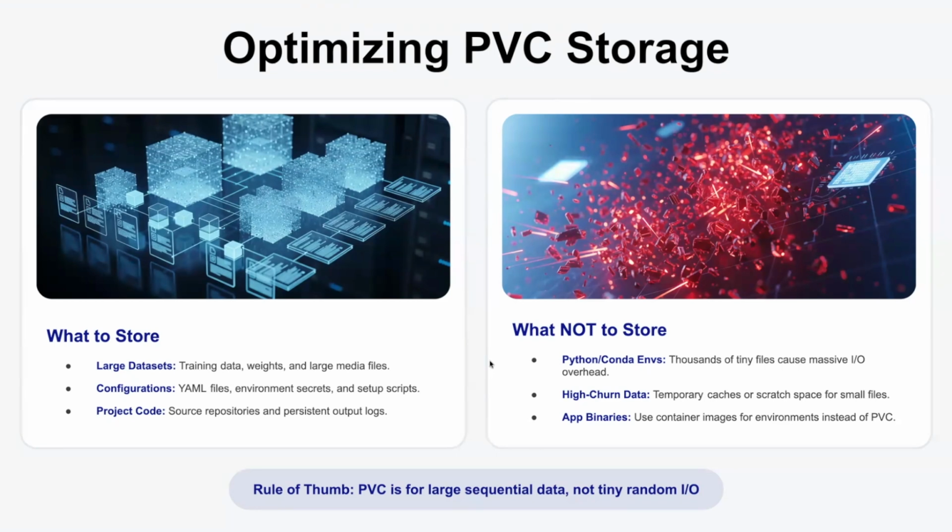Also, sometimes applications on PVCs slow the process down a lot. So if you're ever noticing you're running a task and it just takes a long time, try storing it locally on the pod instead of the PVC. You'll probably notice some performance improvements.